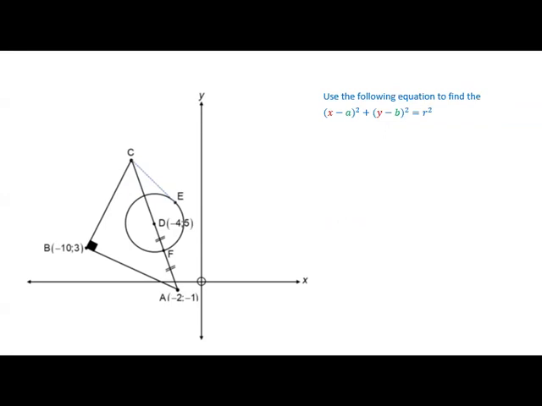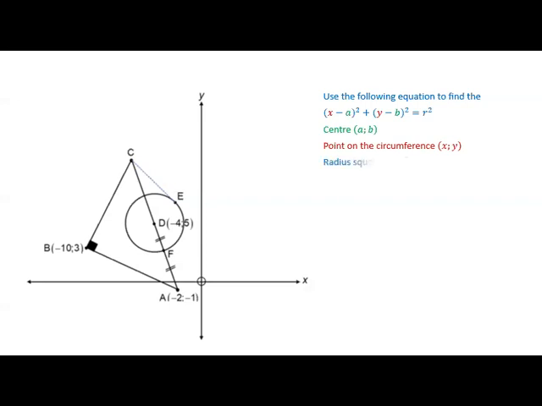It is the standard form of a circle: (x minus a) squared plus (y minus b) squared is equal to r squared, where a and b are the coordinates of the center and x and y are the coordinates of a point that lies on the circumference.